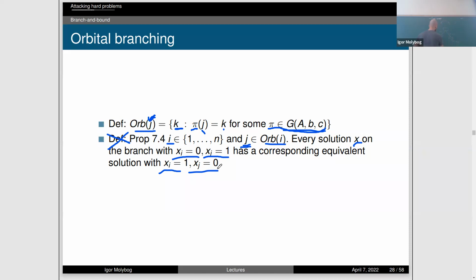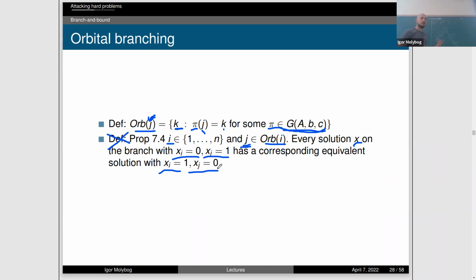This node and this node will have the exact same underlying problems, and exactly the same corresponding solutions. So you really don't have to solve both of these problems. Instead, you can just solve one of them and not waste time on the other one. Therefore, it can save you time when you're trying to explore the branching tree.